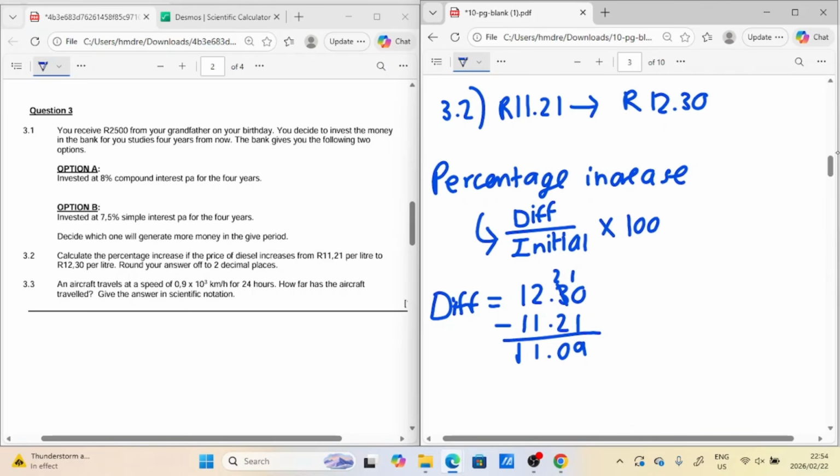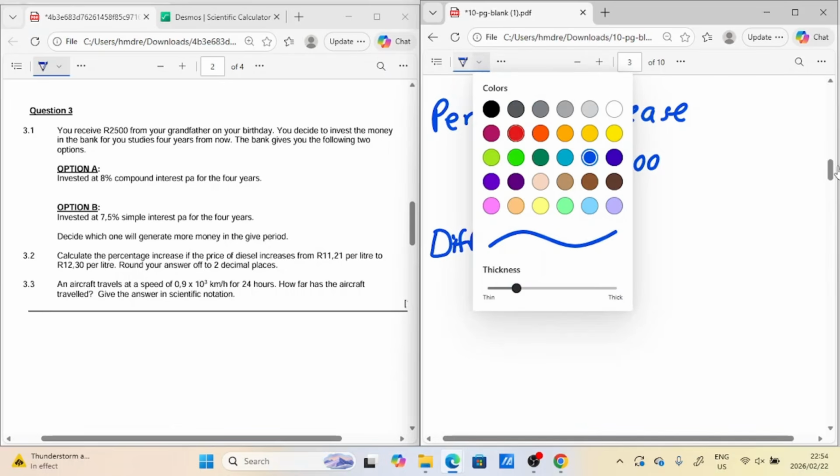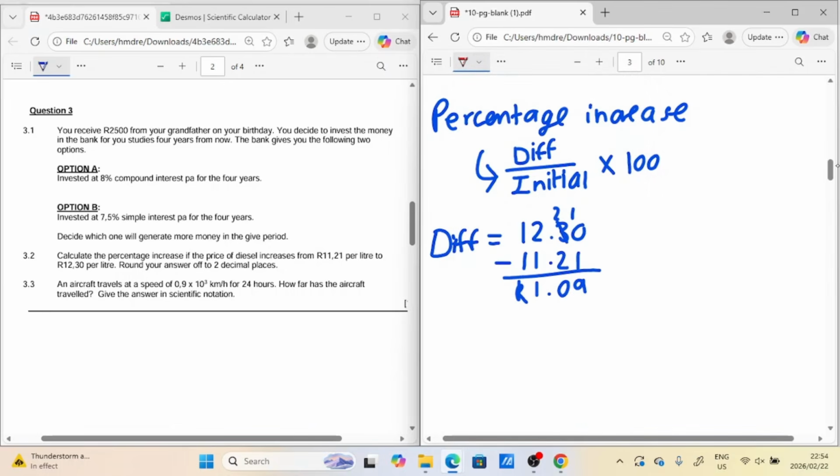So that's our difference: 1 Rand and 9 cents. So we can then work it out. Percentage increase is the difference, 1 Rand and 9 cents, divided by the initial 11 Rand 21, times 100.